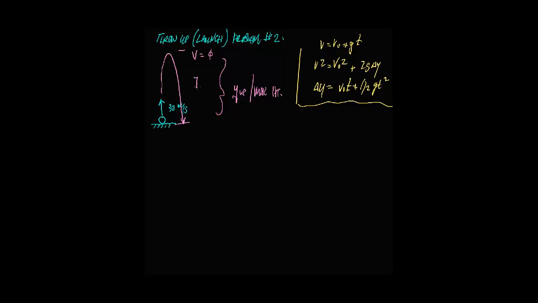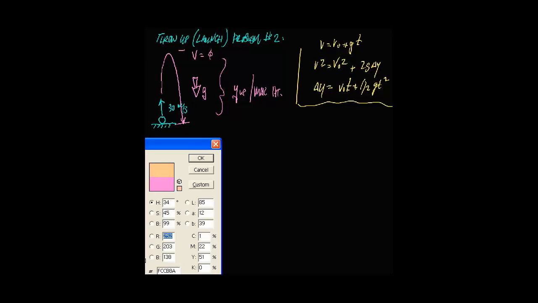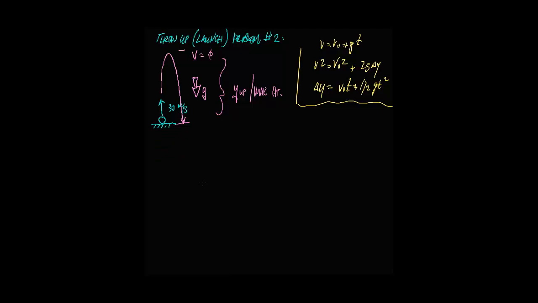We're still picking gravity as downward, so we have to adjust that in the equations when we need to include that. Alright, so let's go through and find out. We're going to find the time up. That's from the first equation.